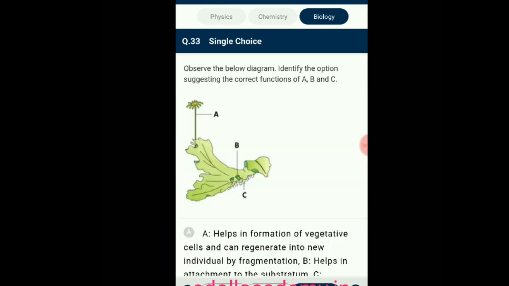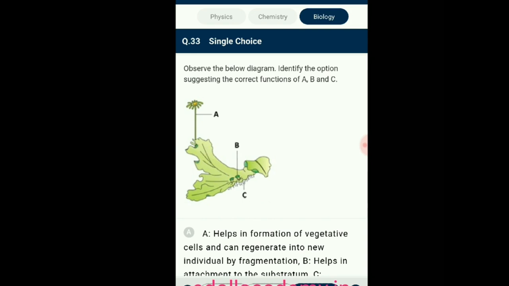Question number 33. Observe the below diagram. Identify the option suggesting the correct functions of A, B and C. The given diagram is of a female thallus of Marchantia. A represents the archegoniophore, a female branch containing the female sex organ for production of the female gamete and receiving the male gamete for sexual reproduction.